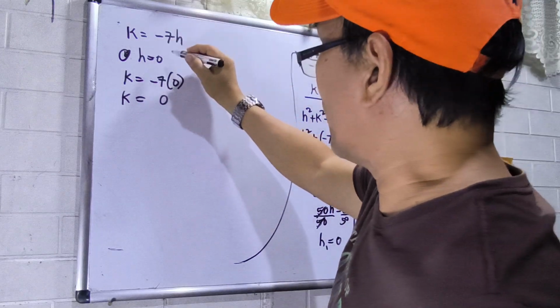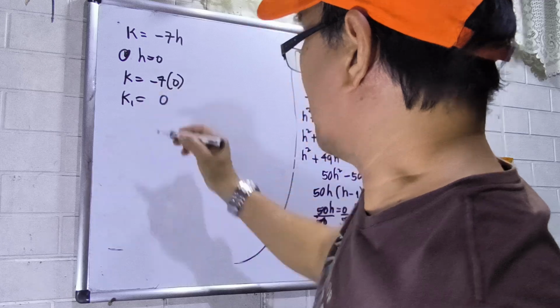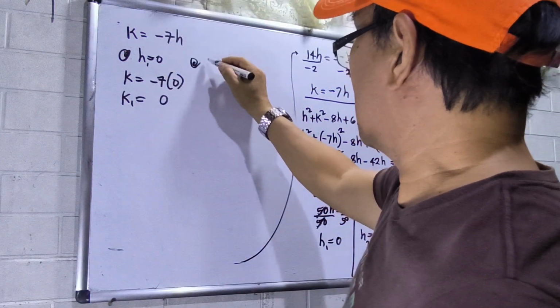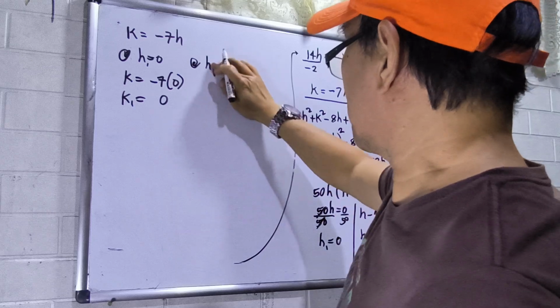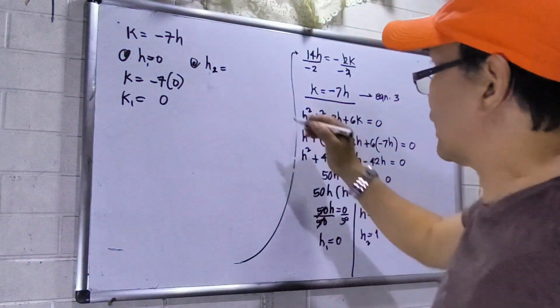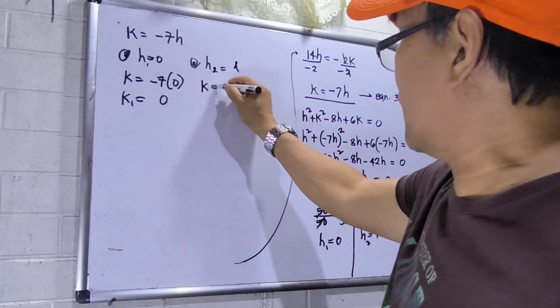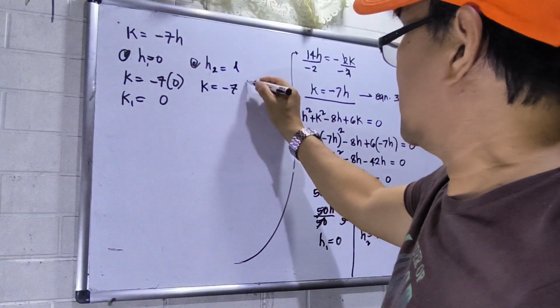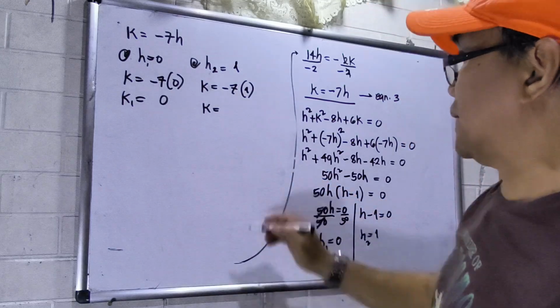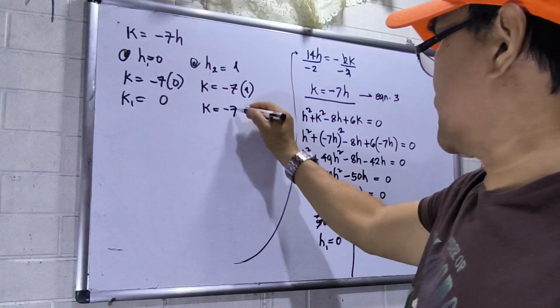This one will be K1. Okay? Then at H2, sorry, this is H2 is equal to 1. Then K equals negative 7 times 1. So I have now K will be negative 7.